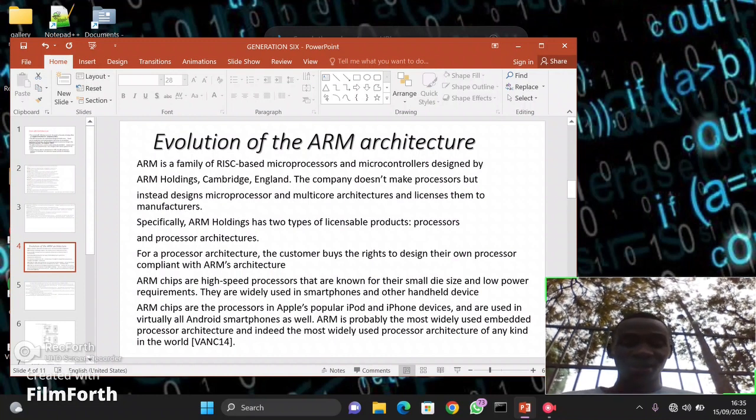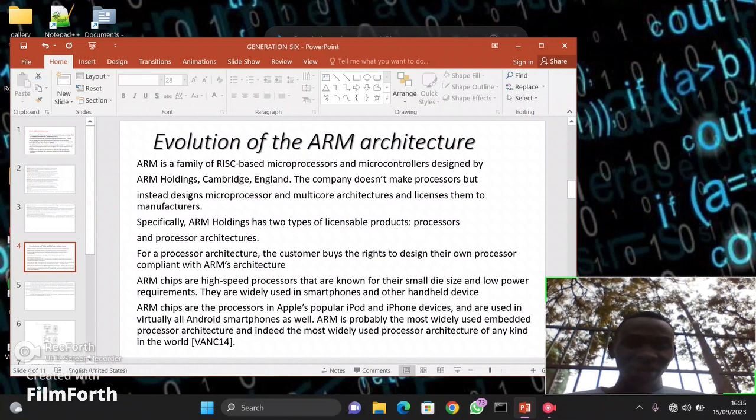They are widely used in smartphones and handheld devices. The ARM chips are the processors, as I told you, in the popular Apple iPods and iPhone devices, and are used in virtually all Android smartphones as well. ARM is probably the most widely used embedded processor architecture, and indeed the most widely used processor architecture of any kind in the world.